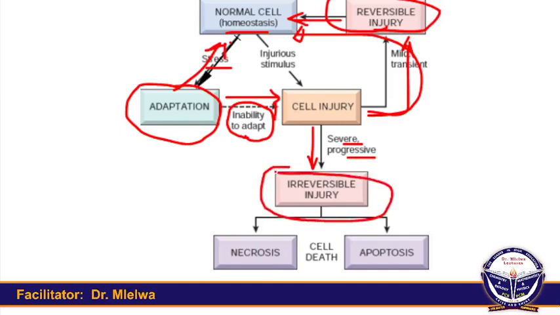That is, the cell will undergo irreversible injury. Now irreversible injury can lead to cell death by either necrosis or apoptosis. So irreversible injury leads to cell death.